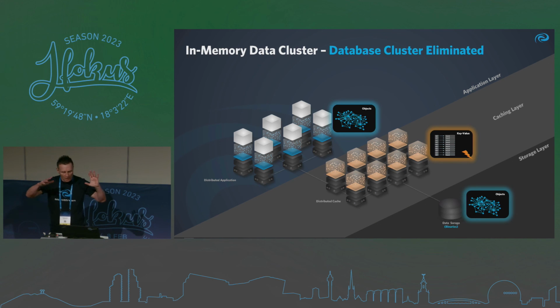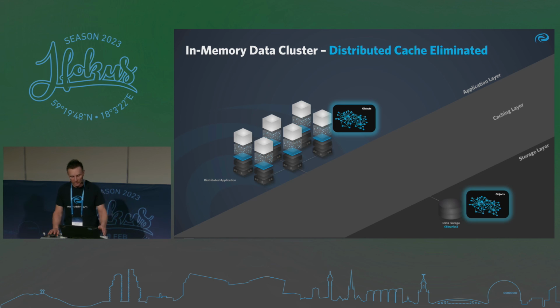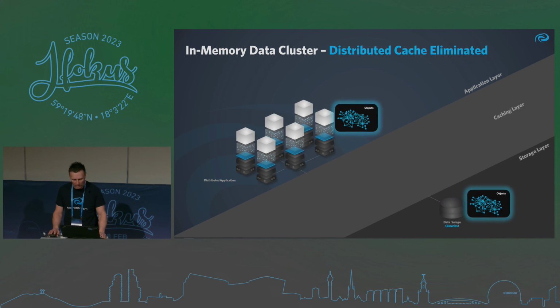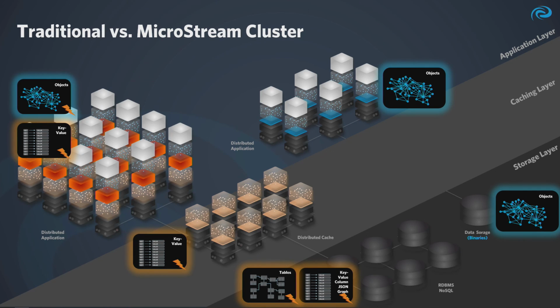Because we serialize data into S3, we don't need a database cluster anymore, so you can skip your database cluster. Because your data is already in memory, you don't need a cache cluster anymore. So it saves lots of machines, reduces your complexity, and saves lots of money.